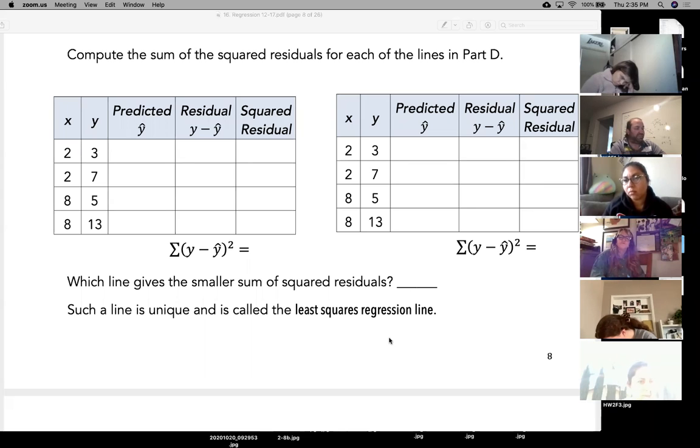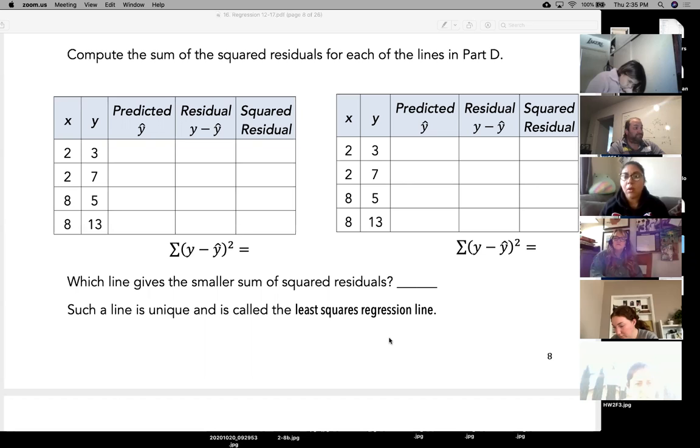The answer is that's not how we do it. The calculus approach manages to look at every single possible one and pick out the one that does the job for us. It's almost magical in how it works, but unfortunately, I can't go into the details because this is not a calculus-based class.